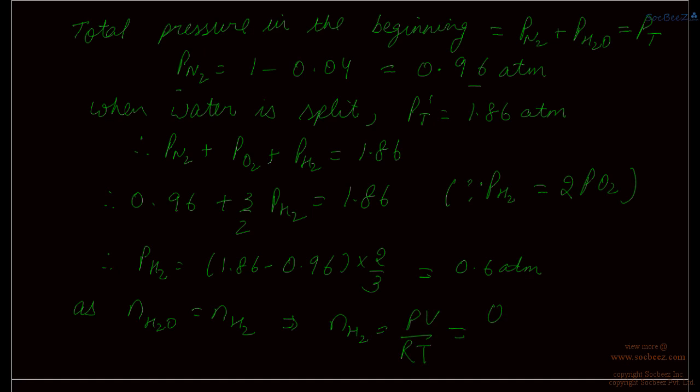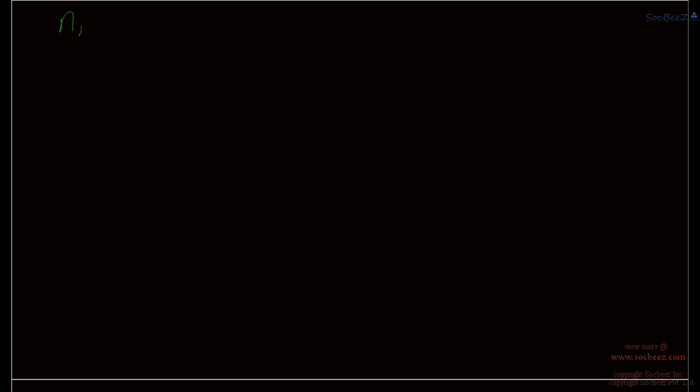This equals 0.6 into 3 upon 0.0821 into 302. So from here number of moles of H2 equals 0.0726 mole.